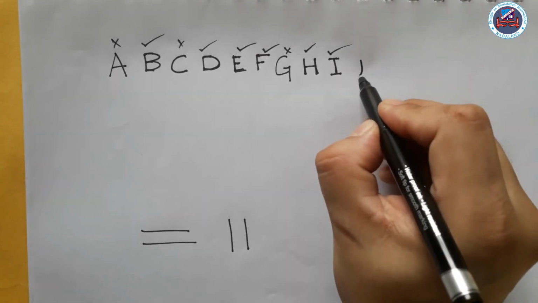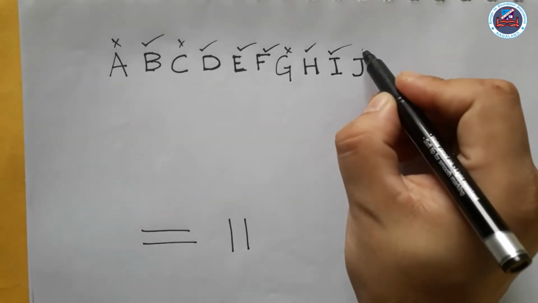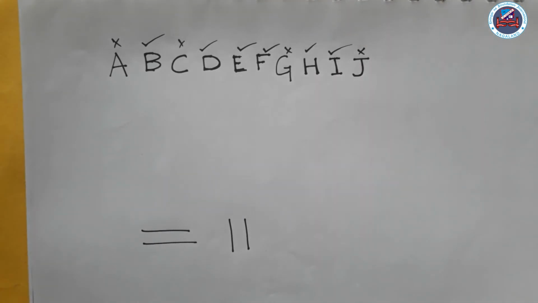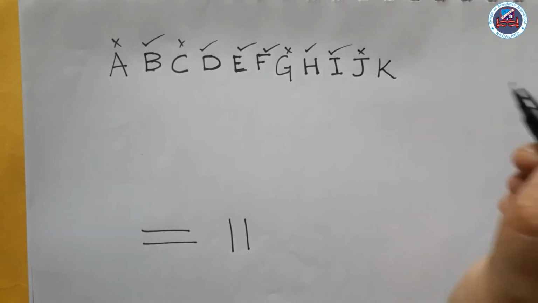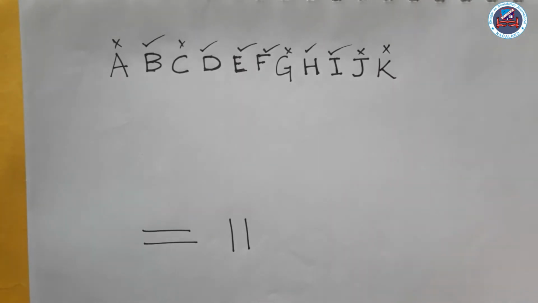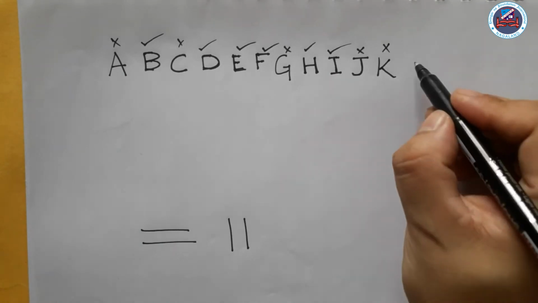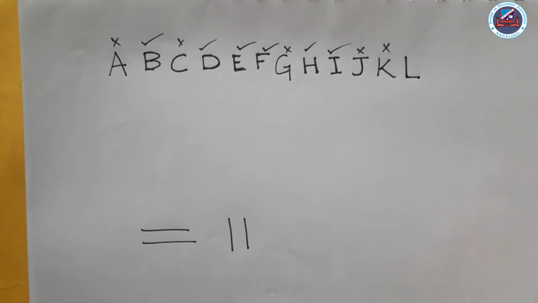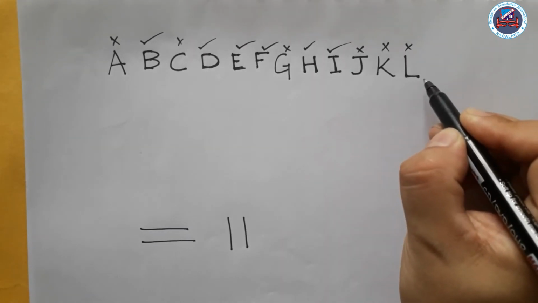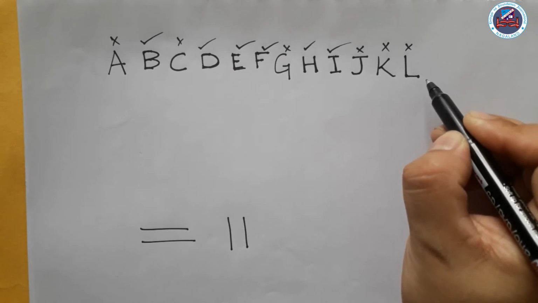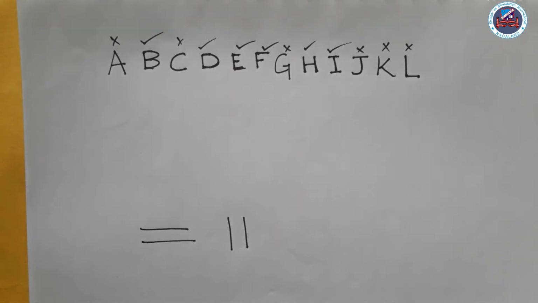Now J, I do not see any parallel lines in J. Now what about K? Again, K also does not have any parallel lines. L does not have any parallel line, but you can see an L has a perpendicular. So what you can do is find out from the alphabets which alphabets have perpendicular lines as well.